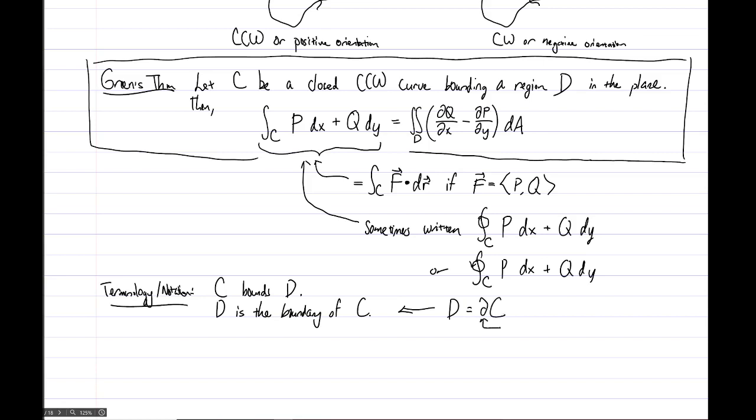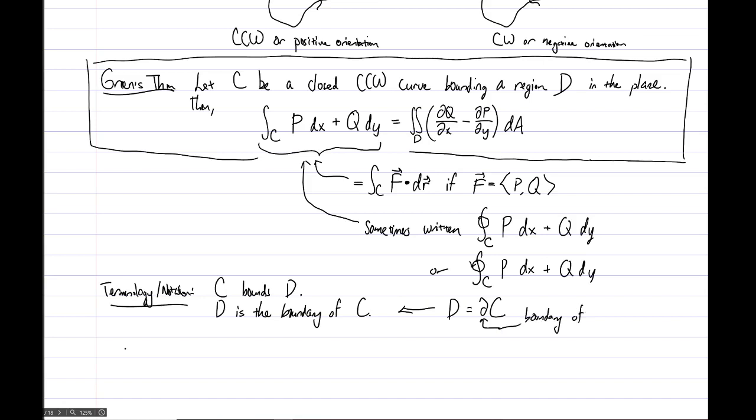When you see this symbol written in front of a set, and capital C is a set, geometrically some shape, a curve, this means boundary of.